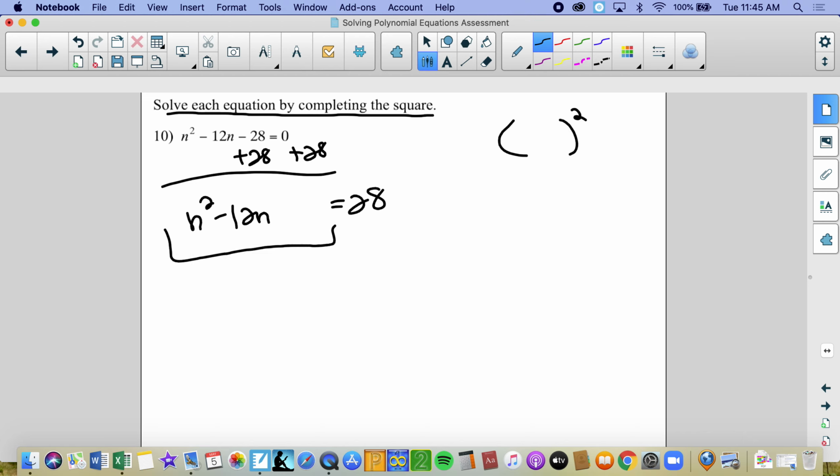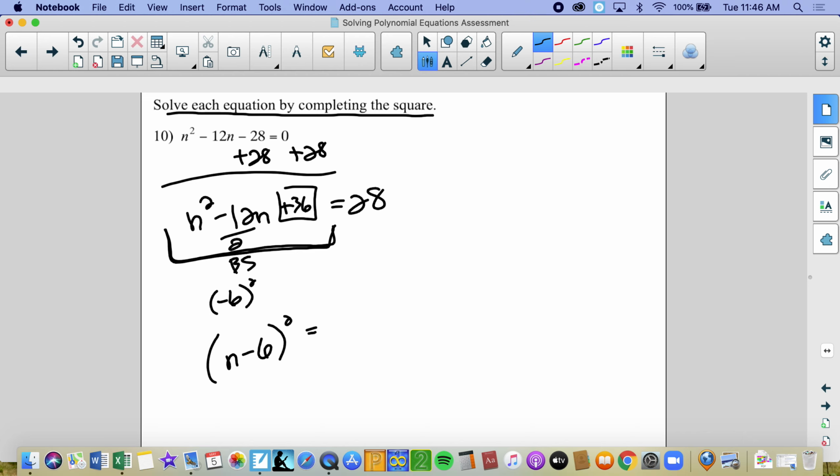We want to create something, 2 terms, a binomial, that is squared, because then we're going to take the square root. So what does this value have to be in order to become a binomial square? Well, the easiest way to do it is you divide your b by 2, which gives you negative 6, and then you square it. So if that value was 36, this would now be a binomial square. It would be n minus 6 quantity squared.